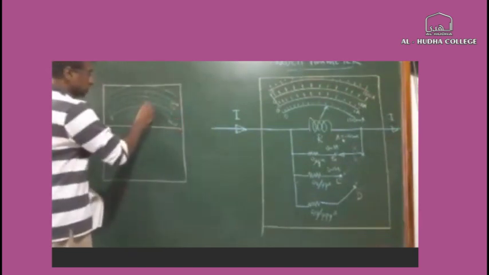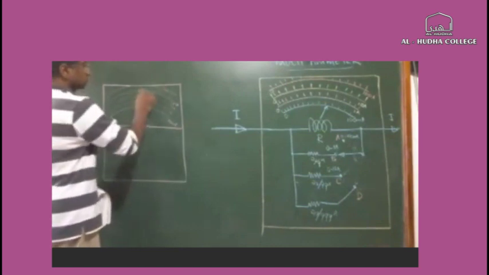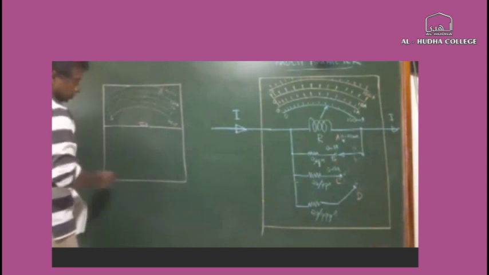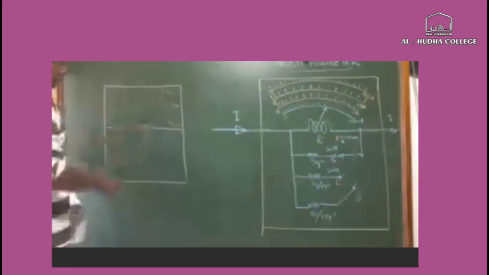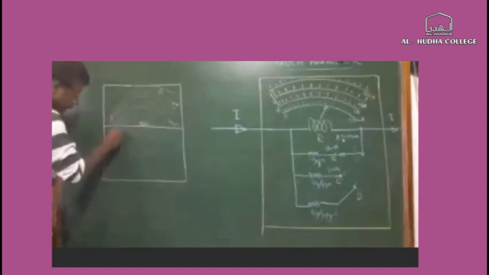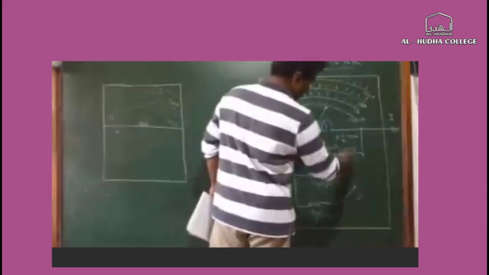So you have the pointer connected to the core of the galvanometer. Then you might either have this rotating or changing tap changer like thing, right?